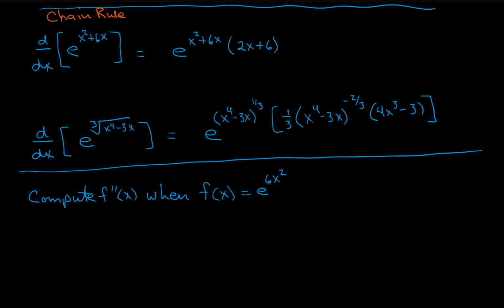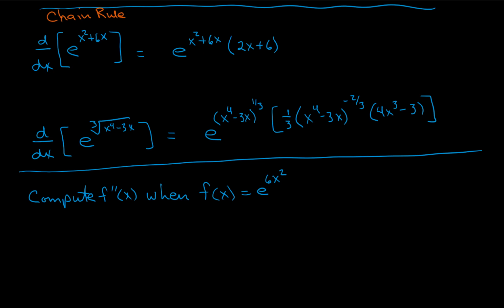Now, if you recall with the chain rule, it's a two-step process. First, you take the derivative of the outside function. Okay, well, the derivative of e to whatever is just going to be back whatever we started with. You get back the same function you started with. So we get back our e to the x squared plus 6x. Got it.